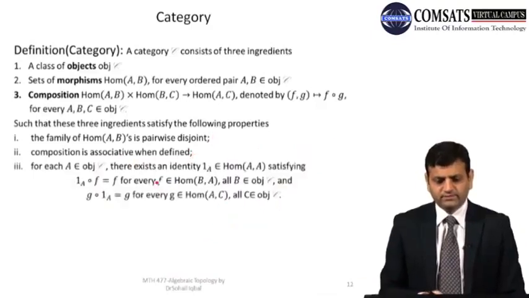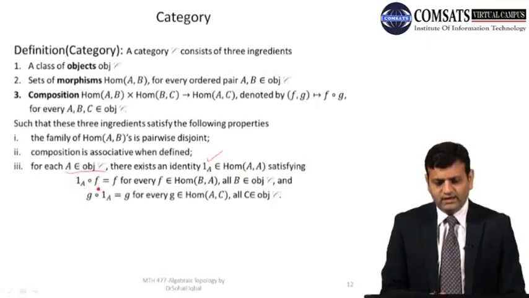The next condition is that for each object A belonging to the objects of the category, there exists an identity in the set of morphisms from A to A, satisfying the following condition.